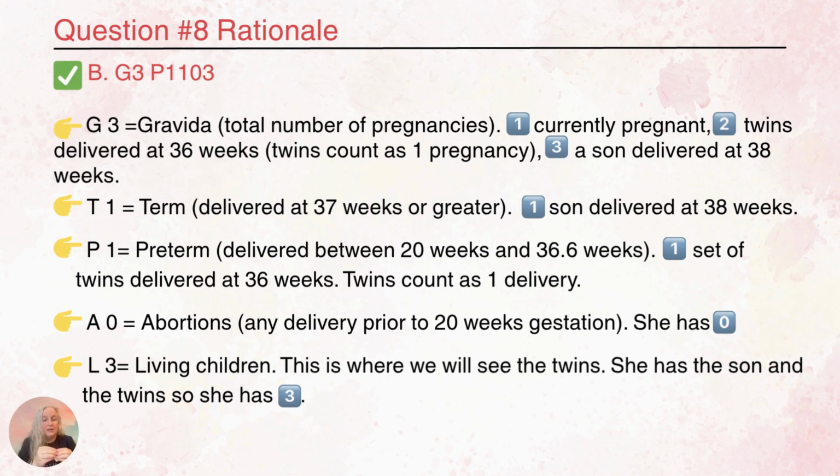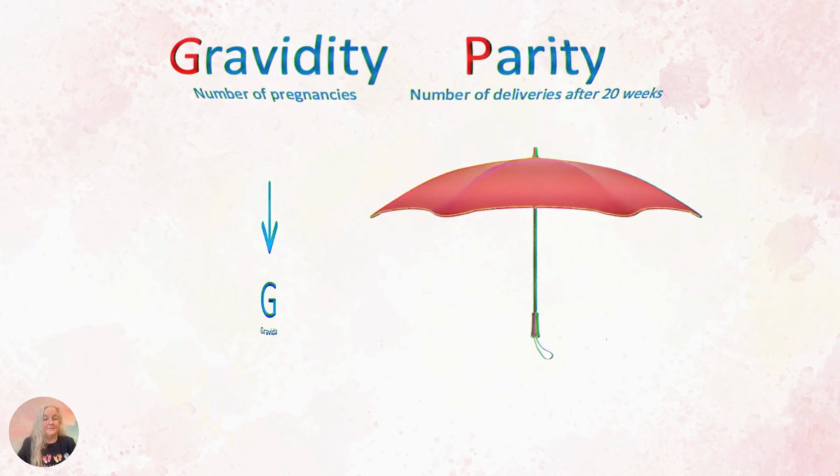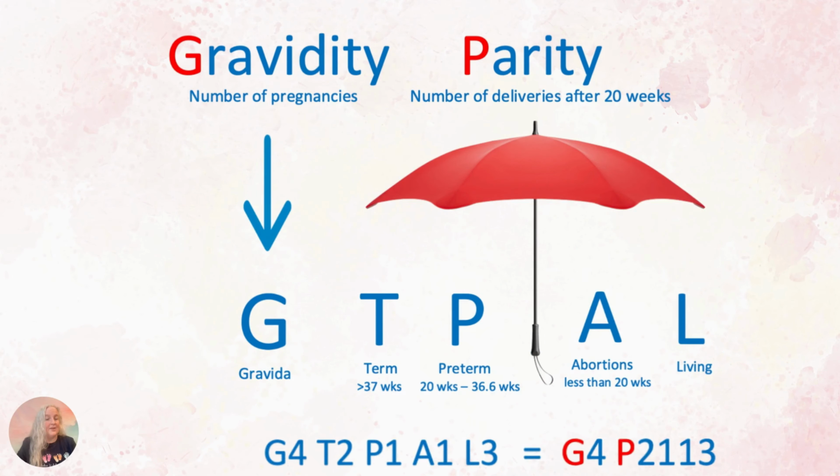So she's G3, Gravida 3, para 1103. When written this way, the G3 is the number of pregnancies, and the rest of the numbers after the P are breaking down term, preterm, abortions, and living under parity. And it all comes together like this.